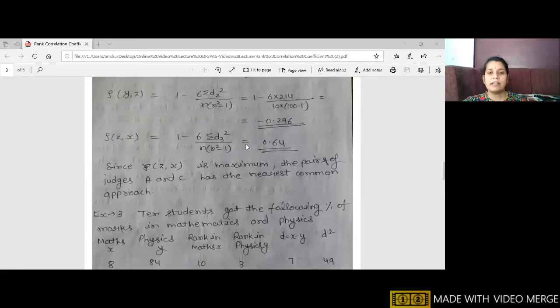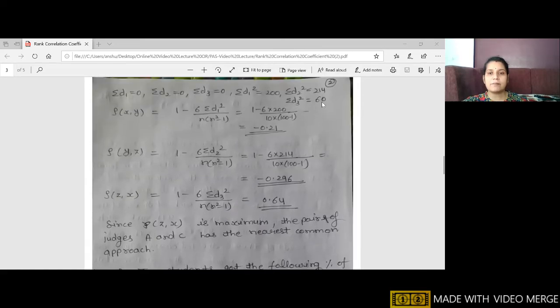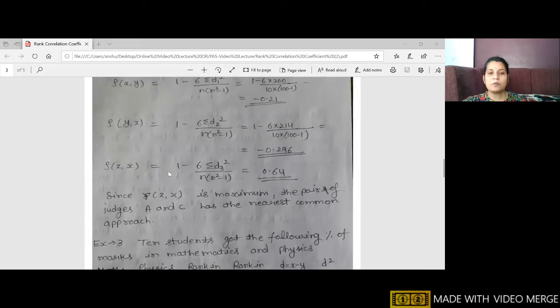Putting in the values, 1 minus 6 into summation D3 square, which is 60, divided by 10 into bracket 100 minus 1. Solving this step, we get the value 0.64.